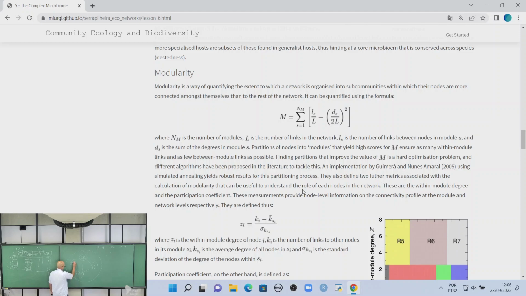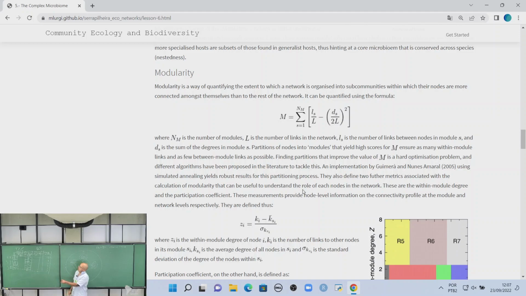Different nodes can be connected to others. But basically it's the identification of these subsets of nodes within which the nodes are more connected to the nodes within their same group than to any nodes outside of their group, to other nodes in the network. And the way in which we do that is by trying to maximize that function here, M, as for modularity.